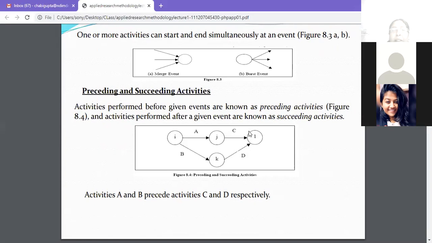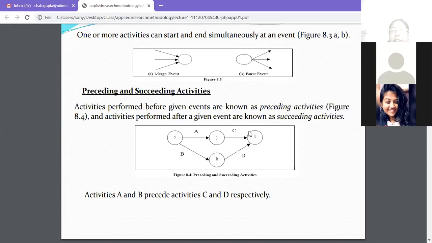So taking an auto becomes the event, and three of you coming together to that location is a merge event. For a burst event, say from a party, all three or four of you are activities, going differently to your homes. That is called a burst event.